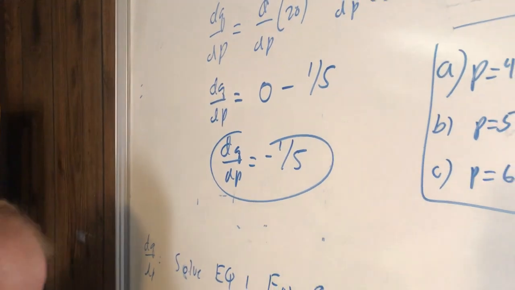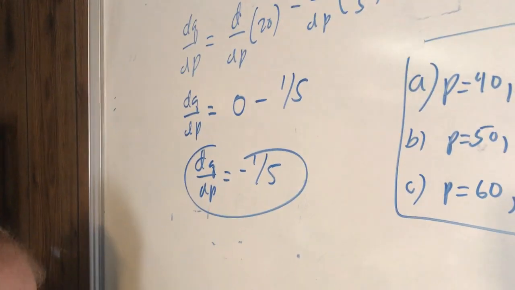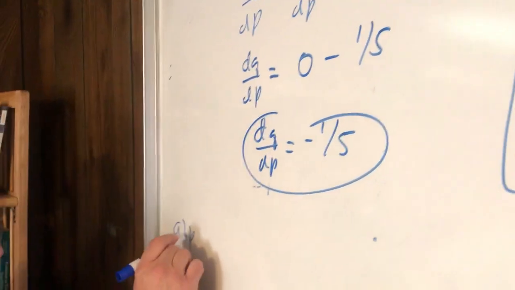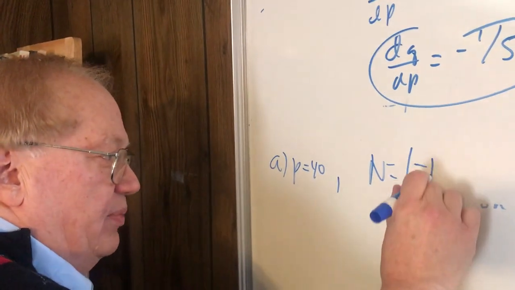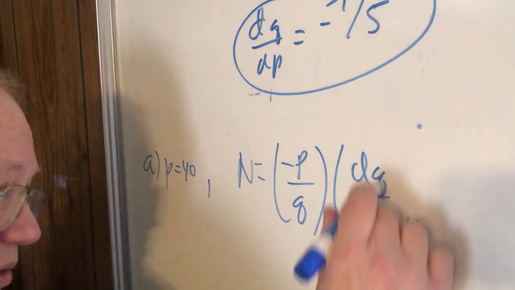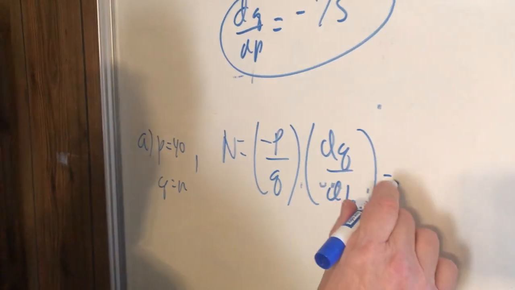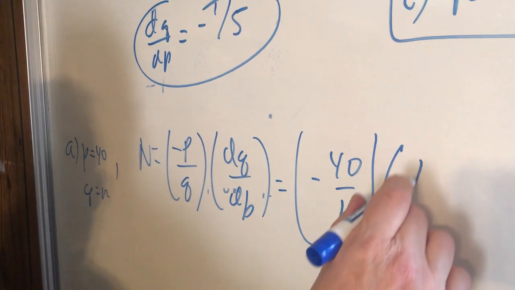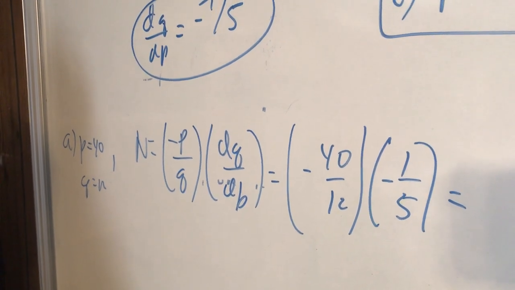So let's take the one that we want. And A says, when P equals 40, we're going to have N equals minus P over Q times dQ/dP, and we know here Q equals 12, so it's going to be minus 40 over 12 times minus 1/5, and the answer here comes out to be a positive.